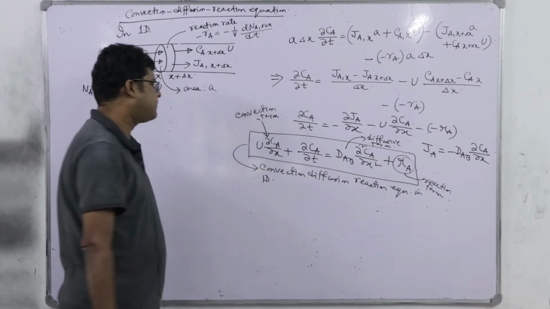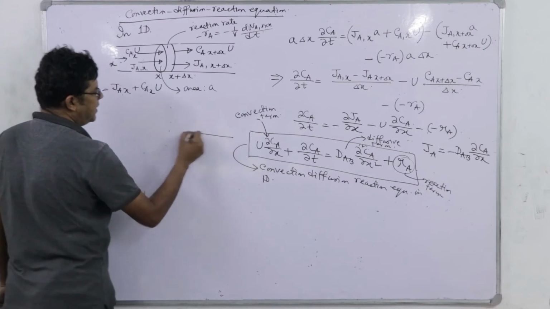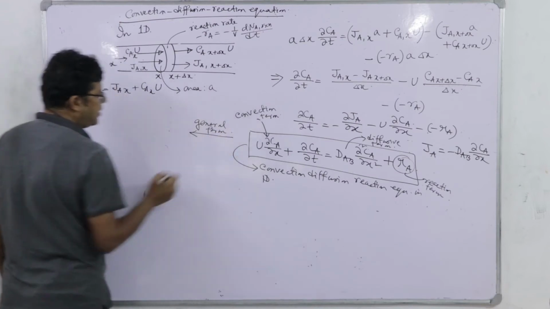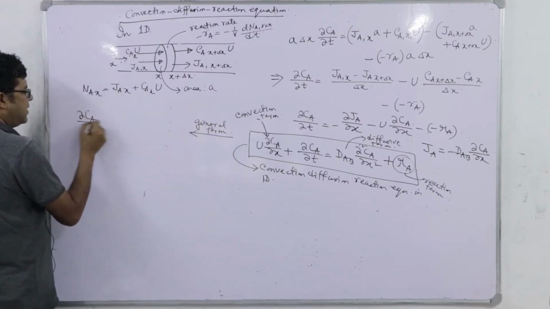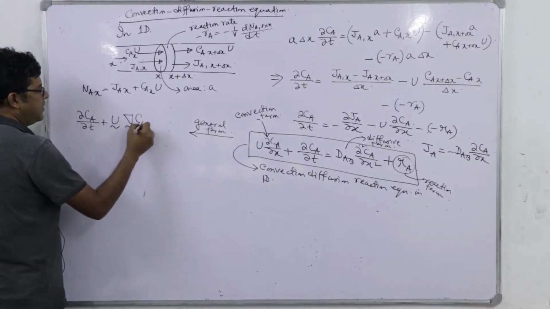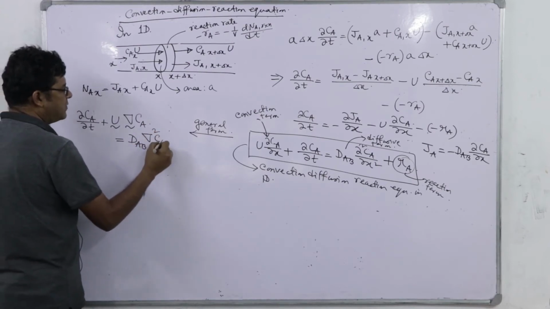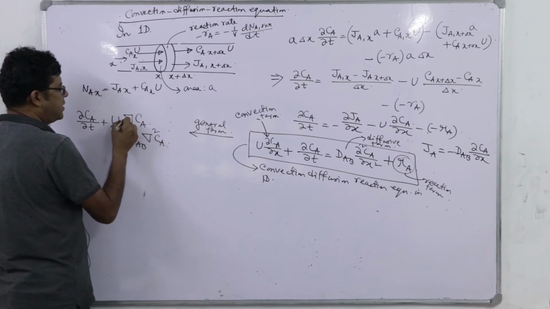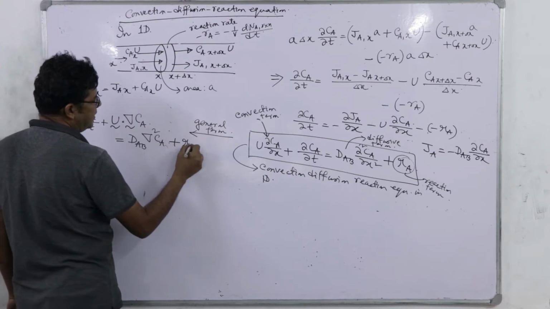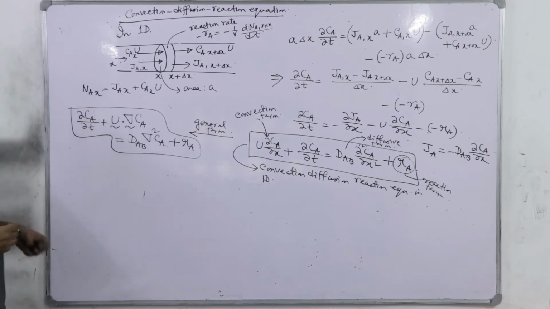If I extend it to the general form, I get del C_A del t plus U dot grad of C_A is equal to D_AB grad square C_A plus R_A. So, this is the general convection diffusion reaction equation.